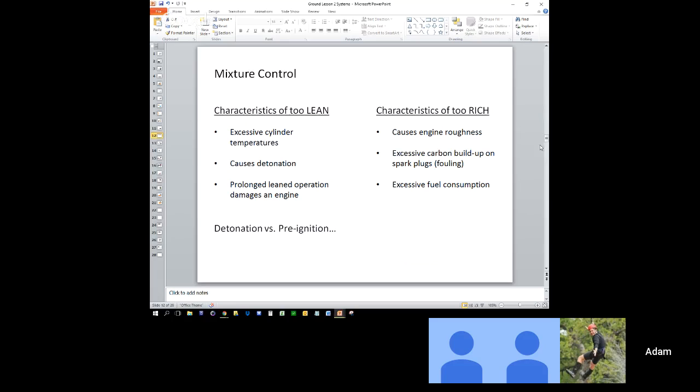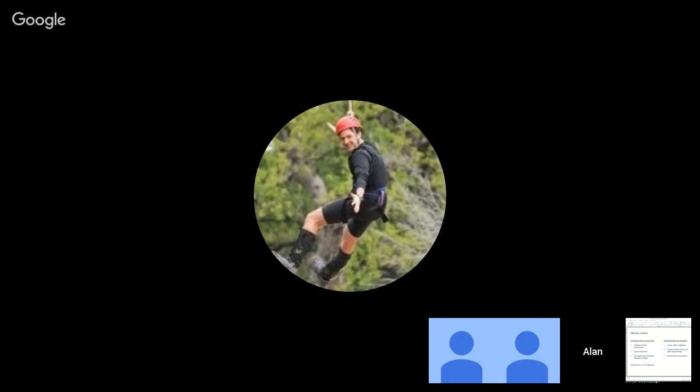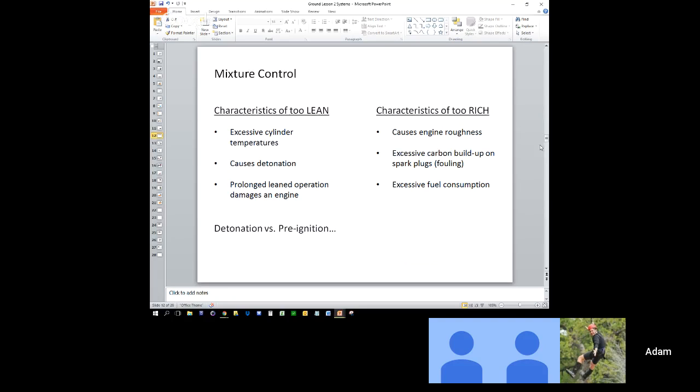It means that you essentially may have 2 opposing cylinders firing at the same time, which could cause your engine to just blow up. It's significant, and it happens over time, right? So you get this carbon buildup inside the cylinder on the spark plug. You might get a little engine roughness, but pre-ignition is a significant event, as is detonation, and I'm going to define that in just a second.